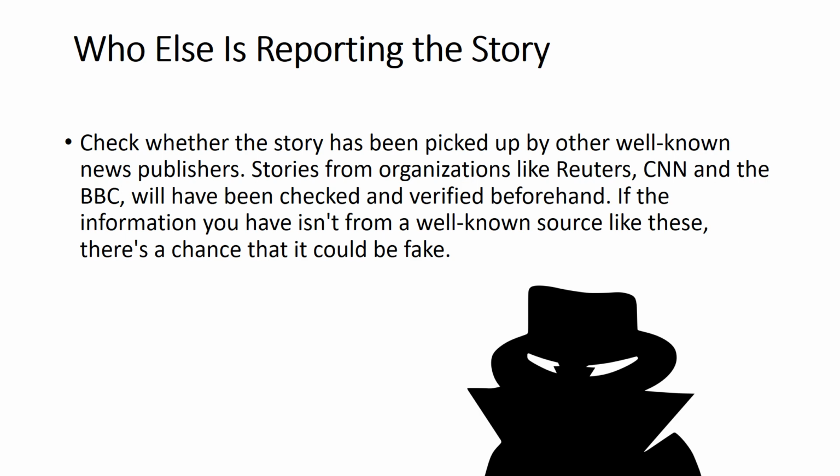So, if there is a very important story, like for example, there has been a big fire somewhere, if you read it on a website or in a newspaper, such as, for example, in our Egyptian context, Washwasha, you would have doubts about its credibility.